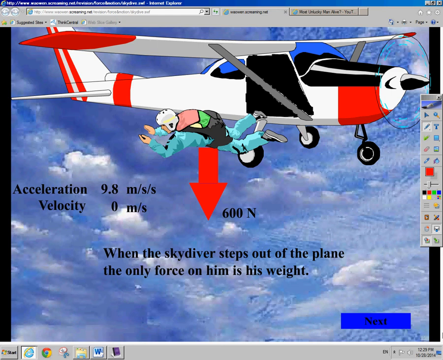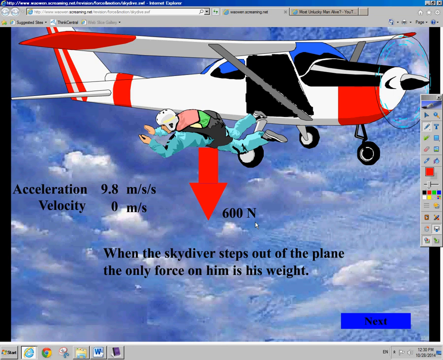The plane is moving forward, but remember, an object in motion stays in motion. So if the skydiver is moving forward, basically they're moving forward because of their own inertia. You don't need a forward force pushing them forward. So the only force acting on them is this 600 newtons pulling him down.